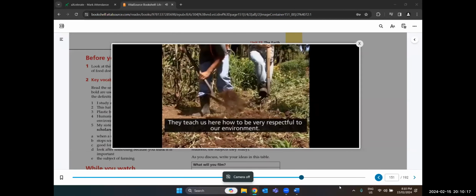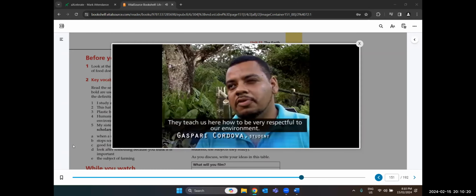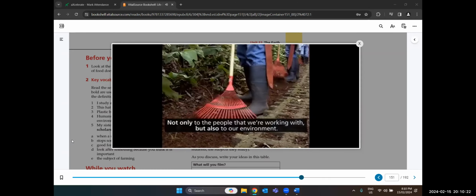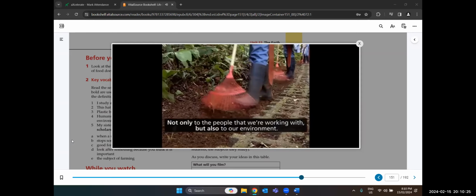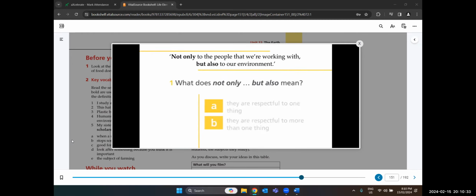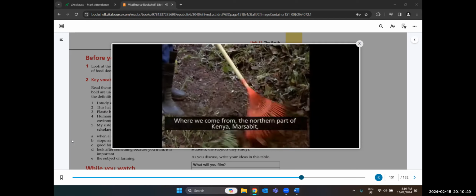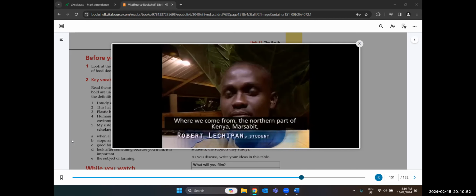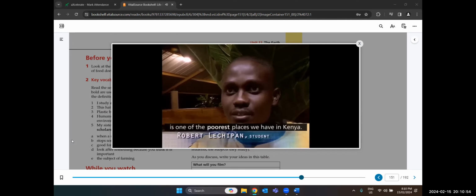They teach us here how to be very respectful to our environment, not only to the people that we're working with, but also to our environment. Where we come from, the northern part of Kenya, is Marsabit, is one of the poorest places we have in Kenya.